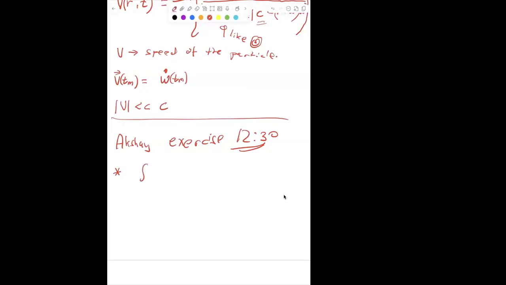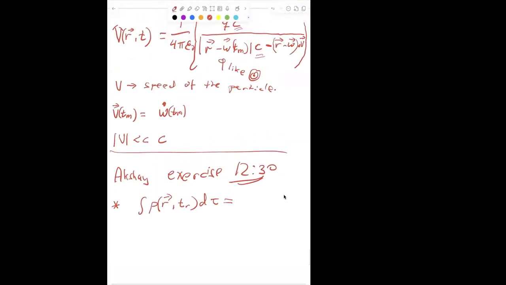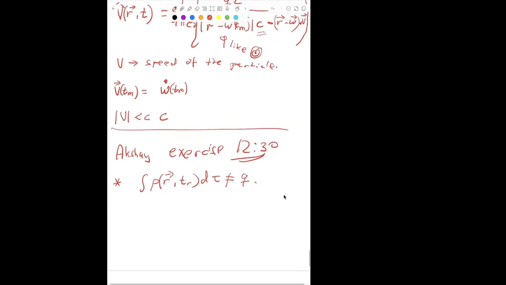He notices that in general, this is ρ(r', t_r) over all space. What is this object? What are you used to that this object will be? You all know, I think: Q. The point is, it's not equal to Q in our case.